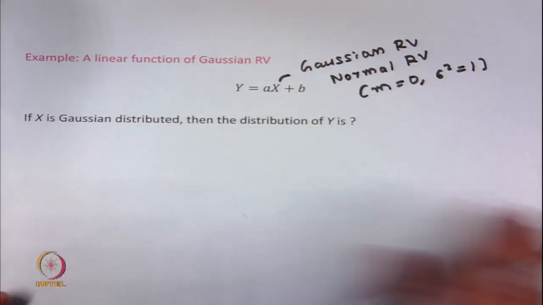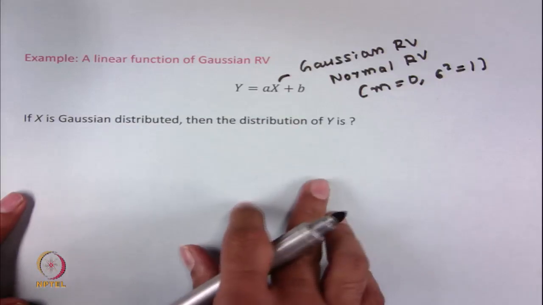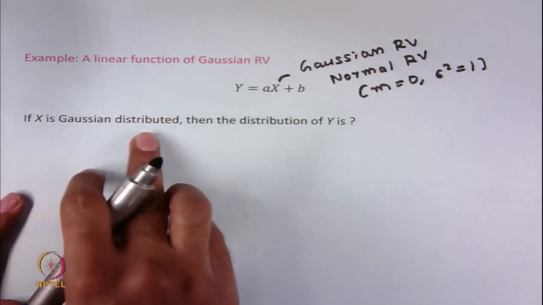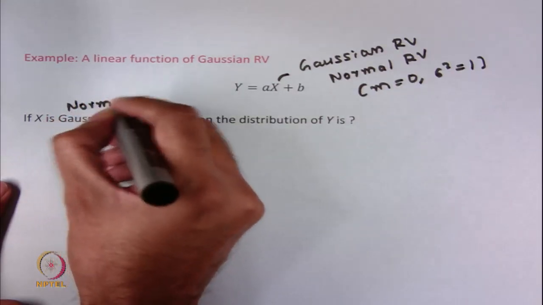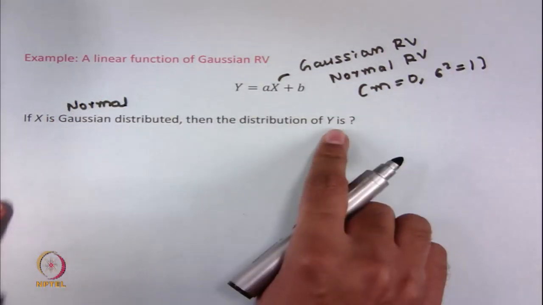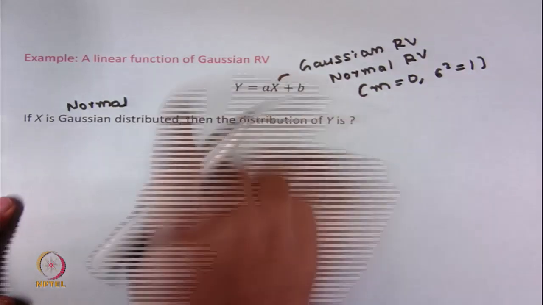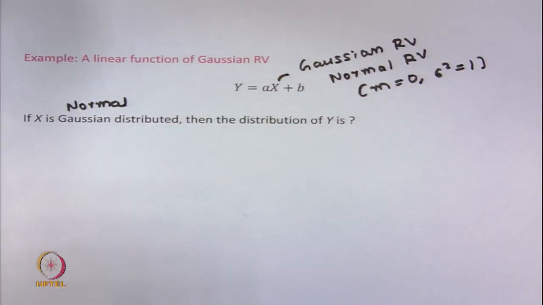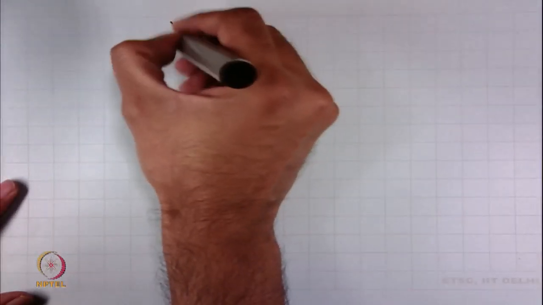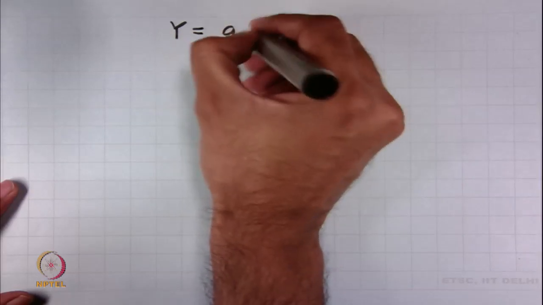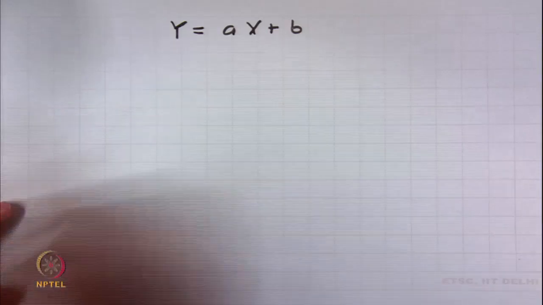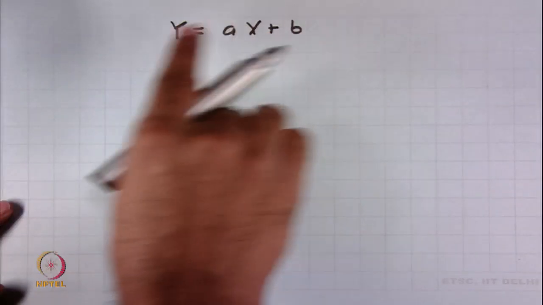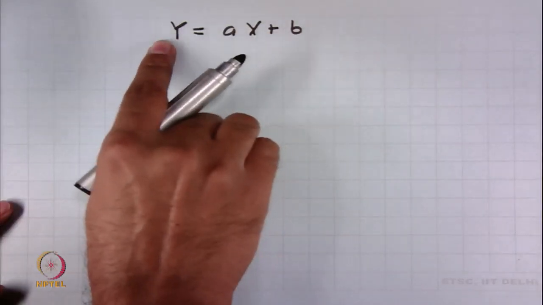So, the question that we are investigating is, if x is Gaussian distributed or let us say normal distributed, what is the distribution of y? Okay. So, this is what we have to investigate. So, the question is, if we have a linear function, so y is a linear function of our normal random variable x, so we have to find the distribution of y.